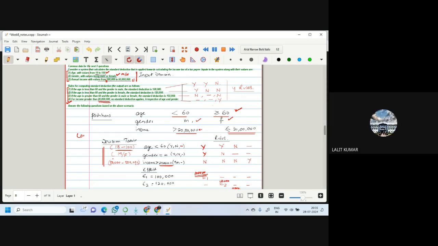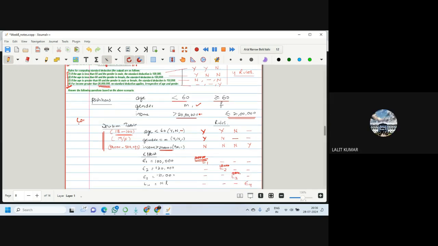But if you make it 60, then it will not be complete. It will not cover 60. If somebody's age is 60, it will skip all these rules. So here I can make greater than equal to 60 also.